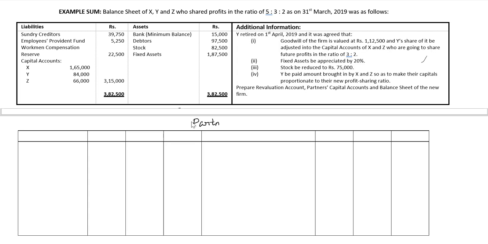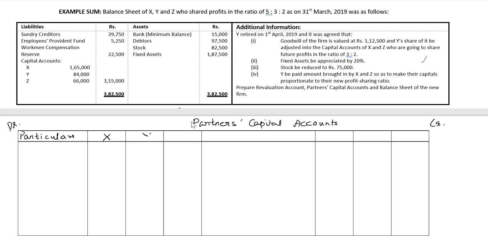Partners' capital accounts. Left side debit side, right side credit side. We have particulars, partner X, partner Y, partner Z, and on the credit side again, particulars, partner X, partner Y, and partner Z. We'll begin by bringing down the balance of the capital accounts.